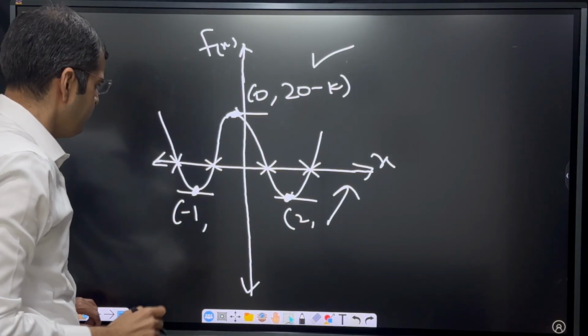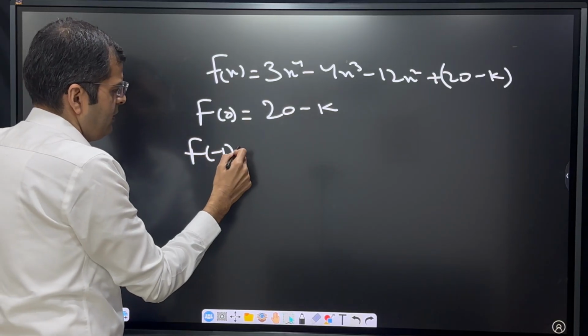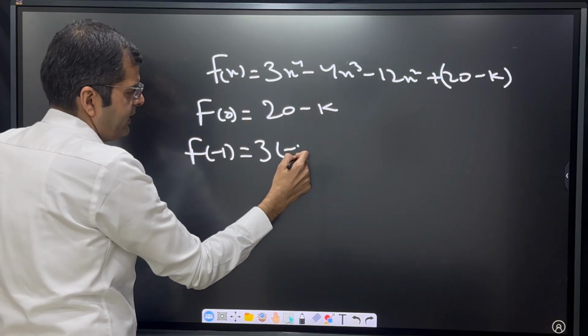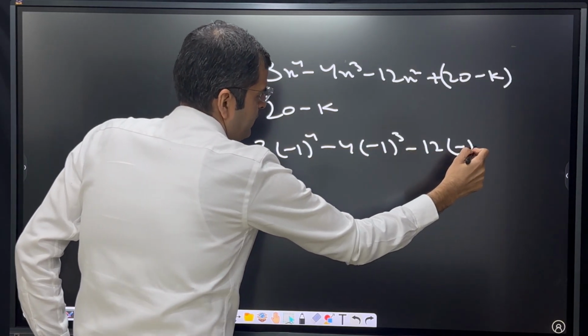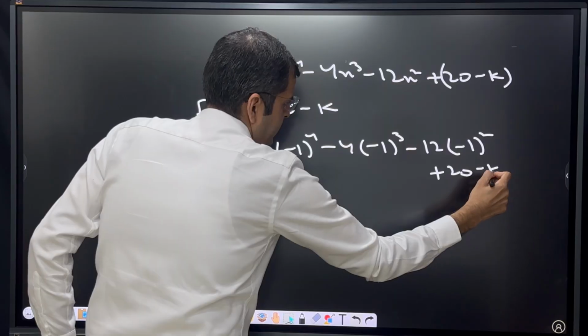What is f of minus 1? F of minus 1, if I put, that is 3 into minus 1 raised to 4 minus 4 into minus 1 cube minus 12 into minus 1 square plus 20 minus k.